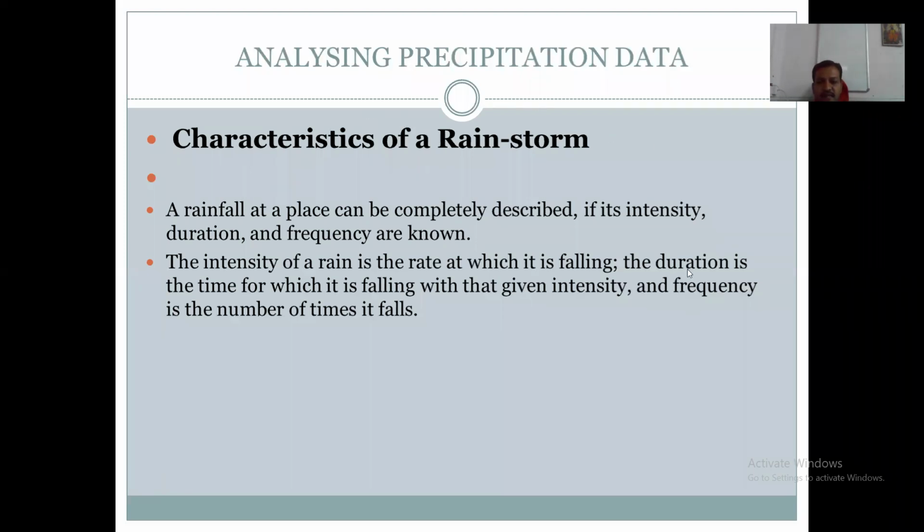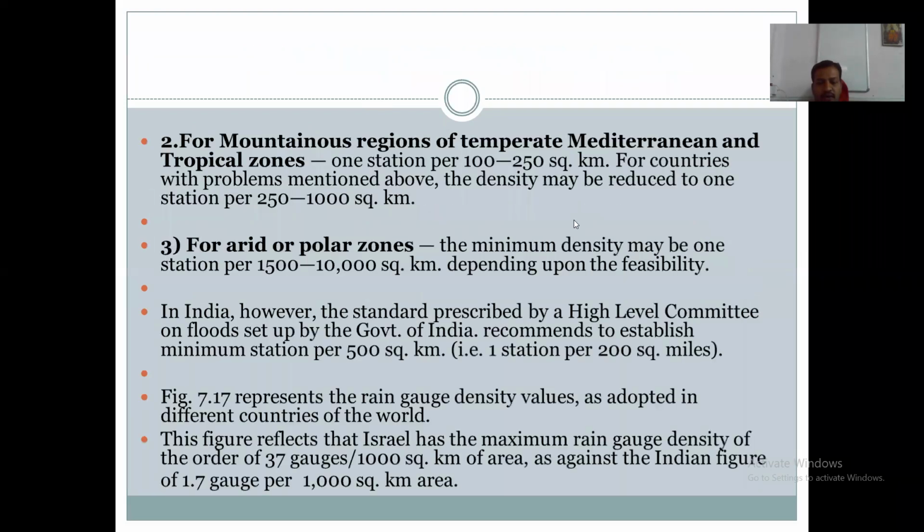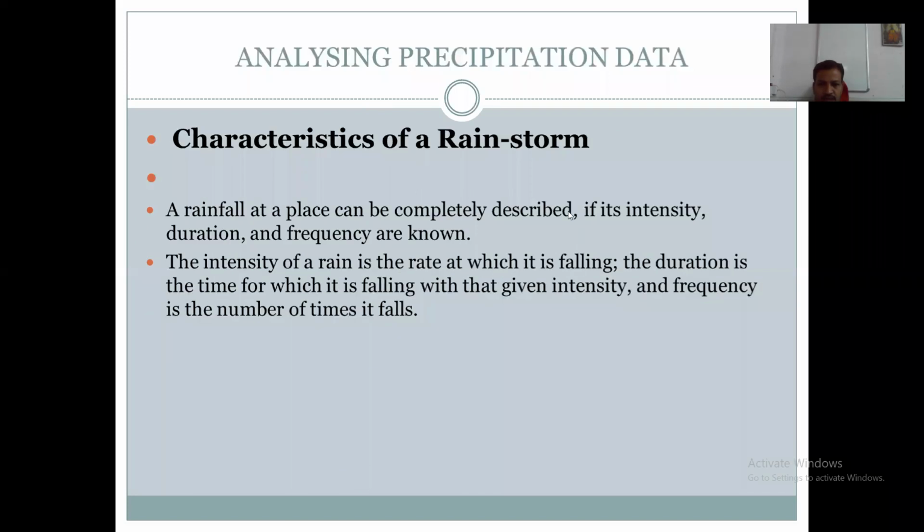Next one is analyzing the precipitation data. How to analyze the precipitation data? We have seen how to estimate the missing rainfall data and how to measure the rainfall by using rain gauges. So how to analyze this precipitation data, the characteristics of the rainstorm.